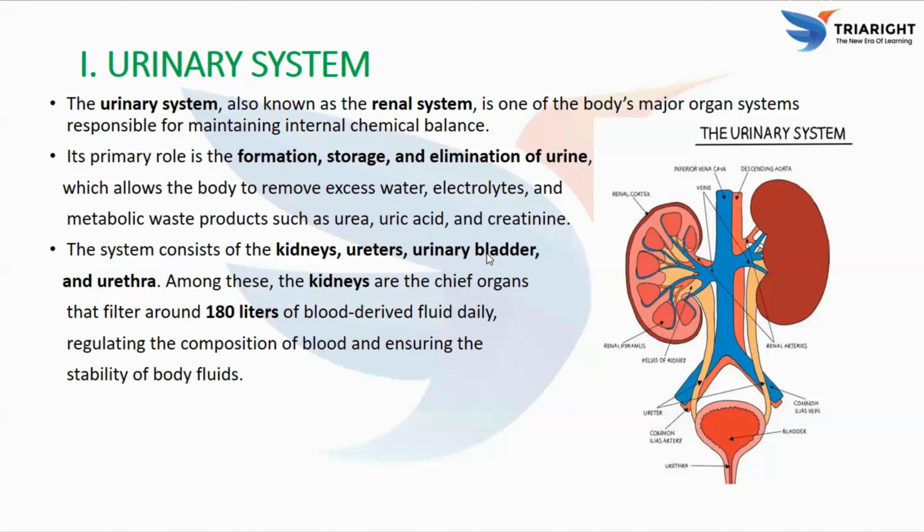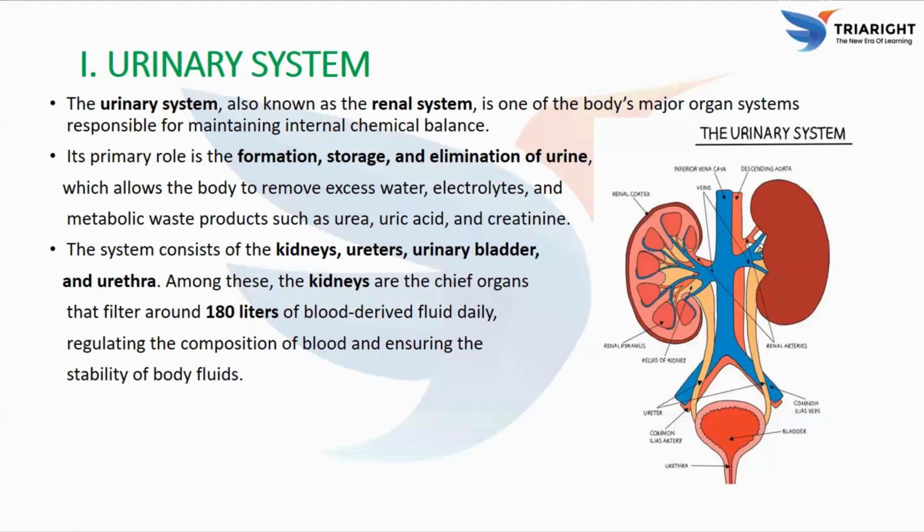Kidneys regulate blood composition, water balance, electrolytes like sodium and potassium, acid-base balance, blood pressure by renin release, and also RBC production by erythropoietin release. So simply, the kidneys act like super filters and also chemical regulators for the entire body.